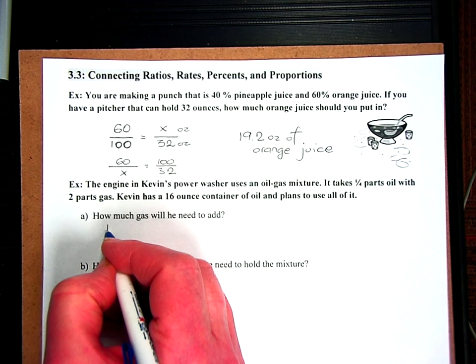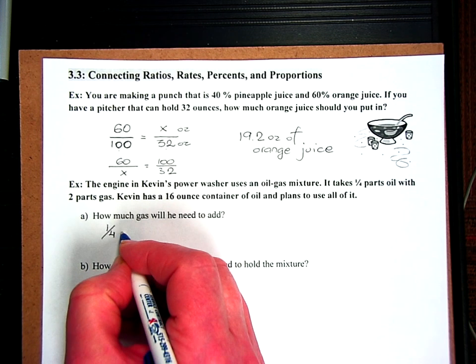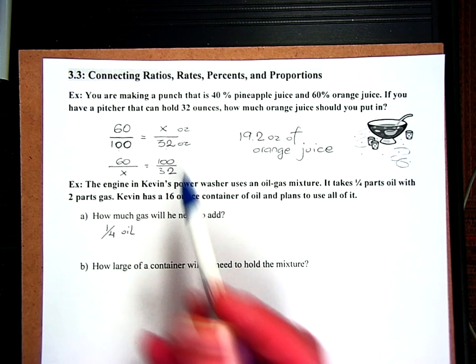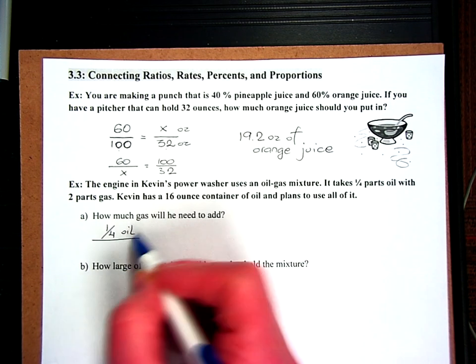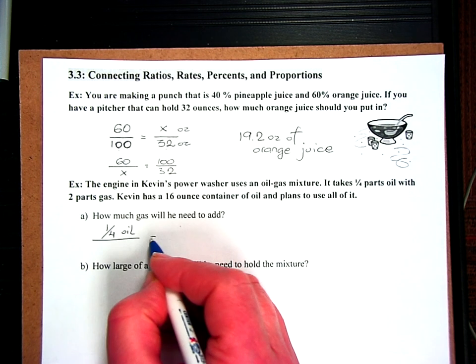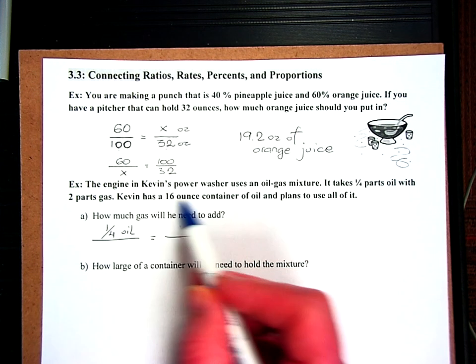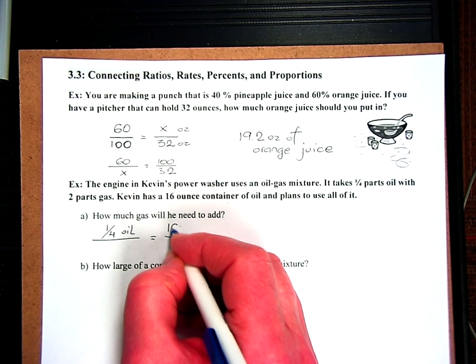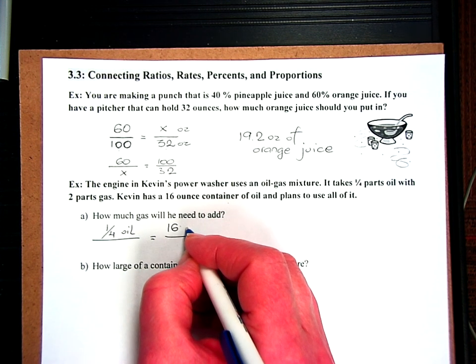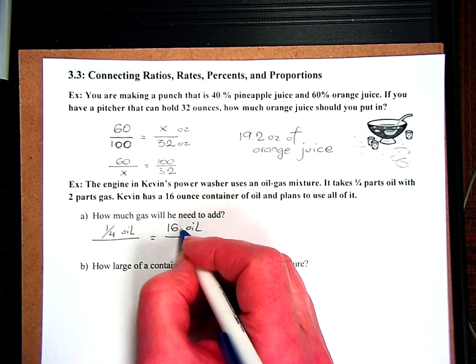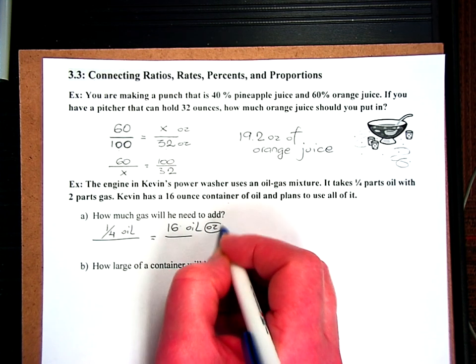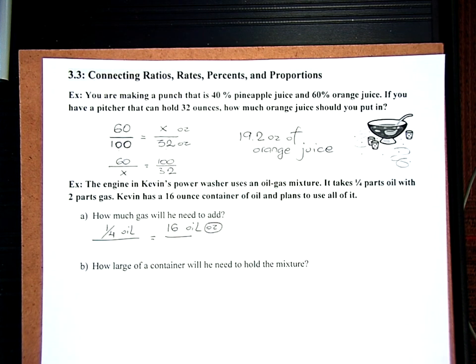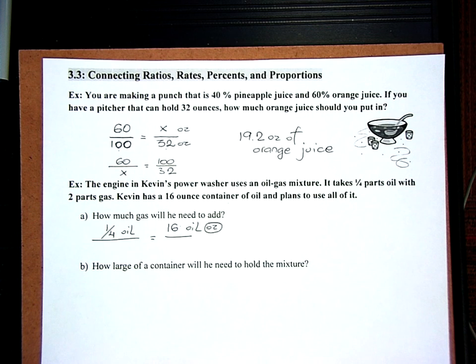So 1/4 of oil, because oil goes with oil on the other side at the level. He has a 16-ounce container of oil, so that should be here. Now this is ounces, so I know that my answer for the gas will be ounces as well.